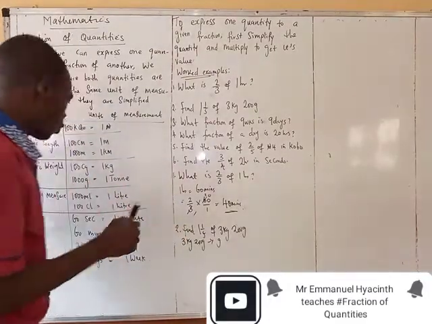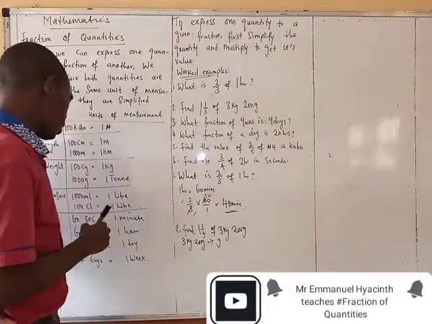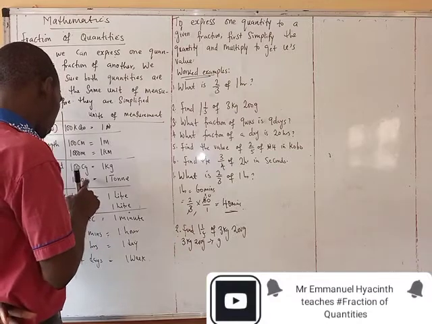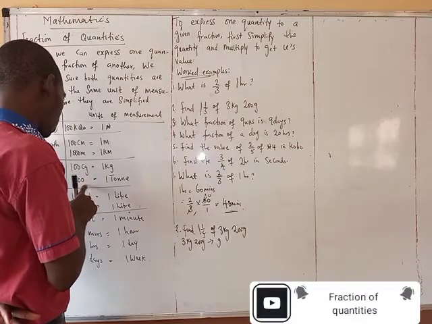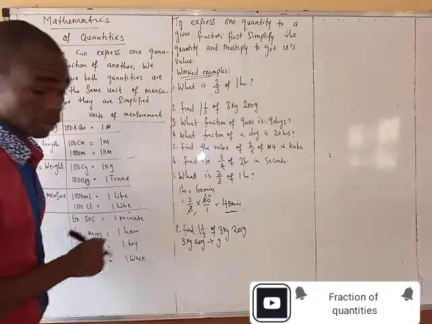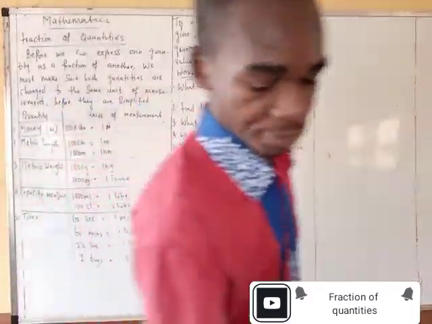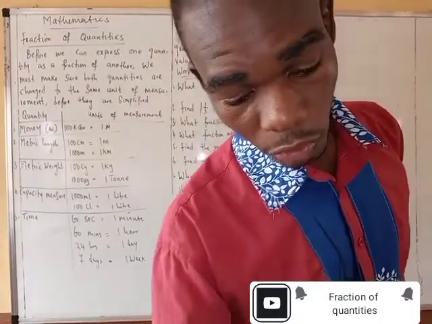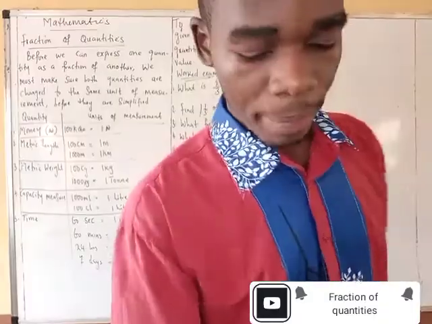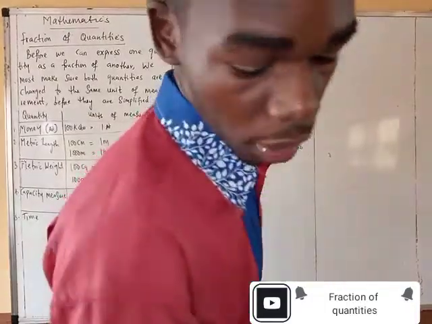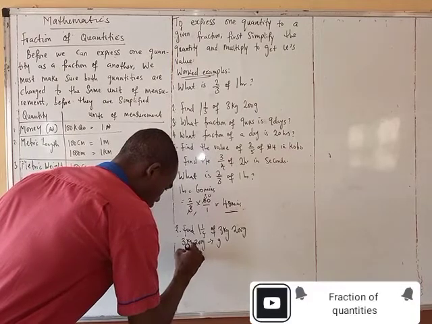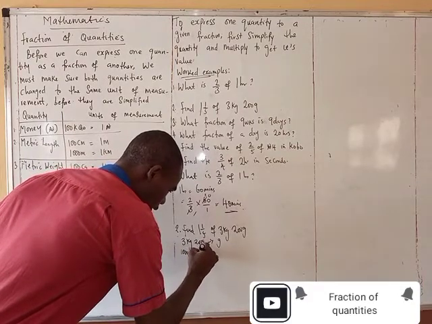Fantastic. You said it is what? 1,000. So we have 1,000 grams will give us 1 kilogram.